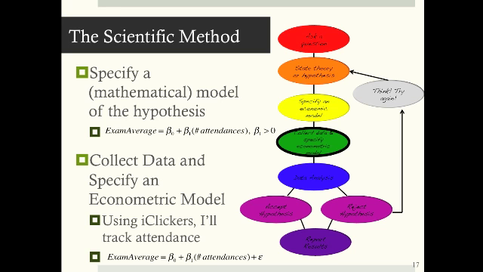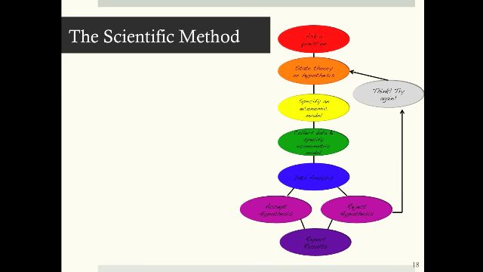So maybe for the next few semesters, I'll use iClickers and I'll track attendance. And I'll use the data on attendance and the data on exam averages to see if my mathematical model holds true, if my hypothesis is true. So I'll perform some data analysis, some regression analysis, to estimate that beta 1 to see if it's greater than 0.